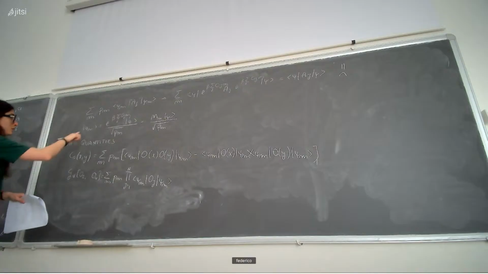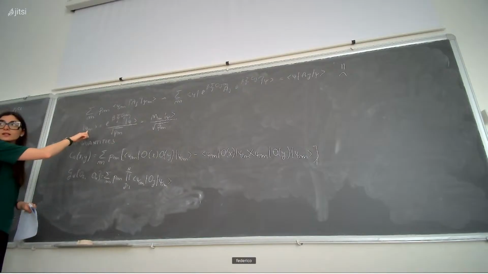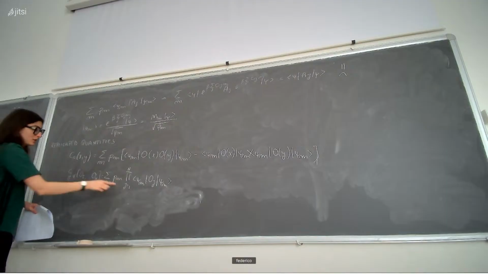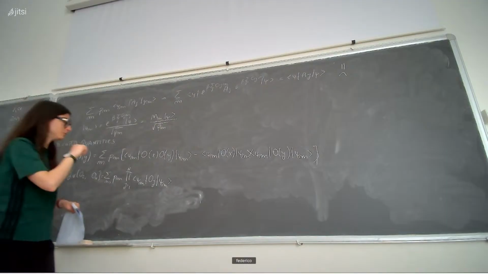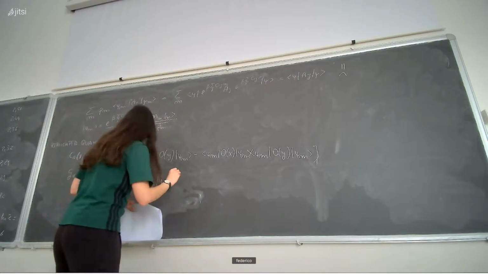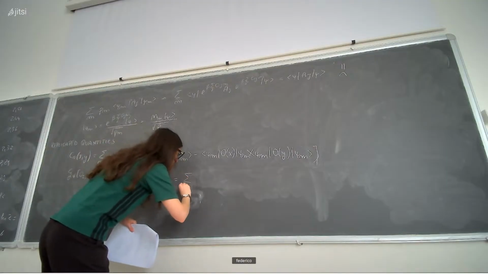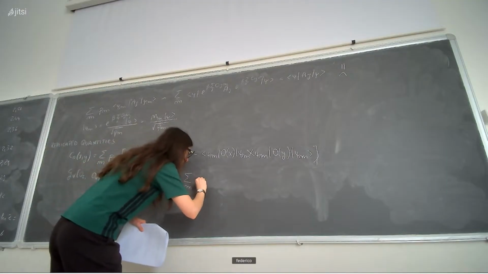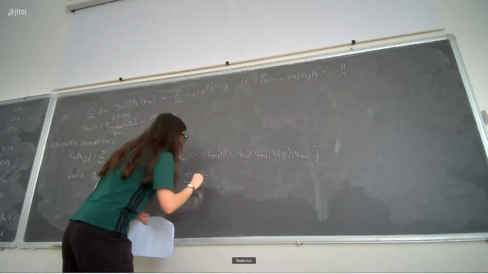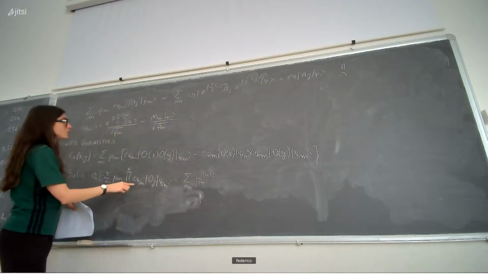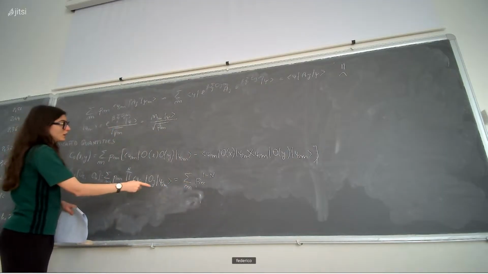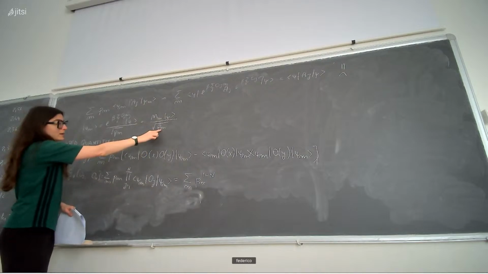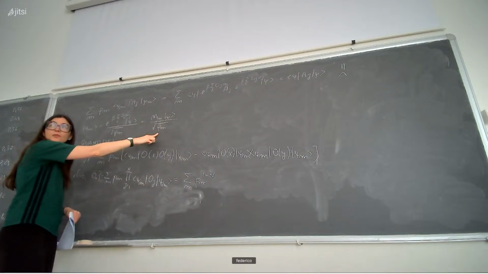So if we plug this definition of the post-measurement wave function here, what we get is sum over m, Pm to the power of 1 minus n, where this minus n comes from the fact that we have n factors of Pm in the denominator.